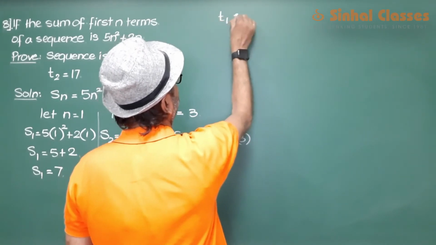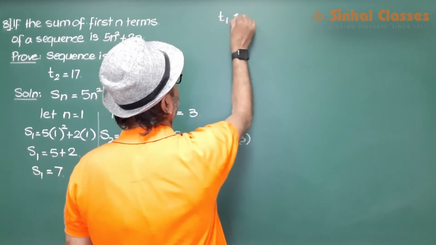The required terms T1, T2, T3 are 7, 17, 27. Now check their difference. If the difference is the same, then it is an AP.